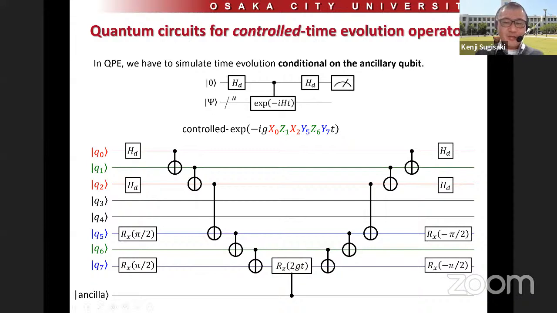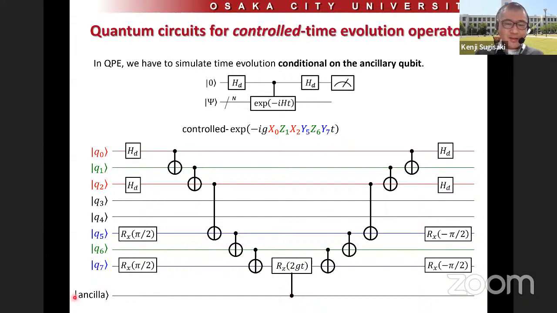So if this RCJ is removed, it corresponds to the identity operator. So a control time evolution operator means that we apply a time evolution operator if and only if the ancillary qubit is in the 1 state.